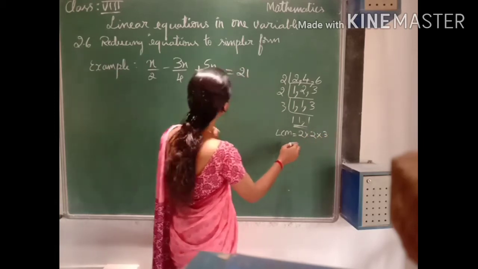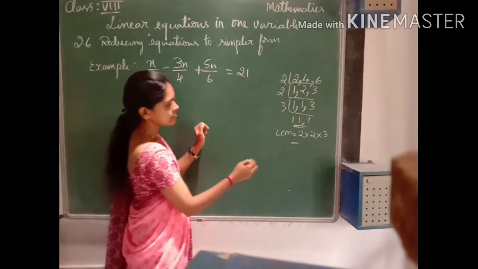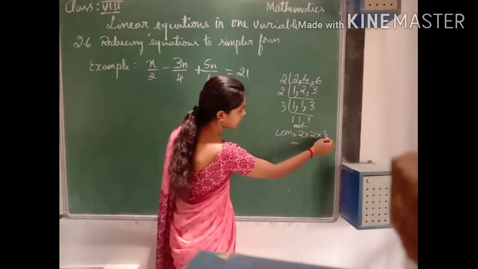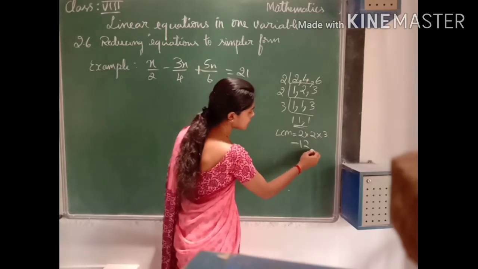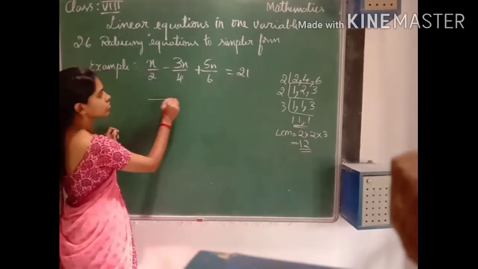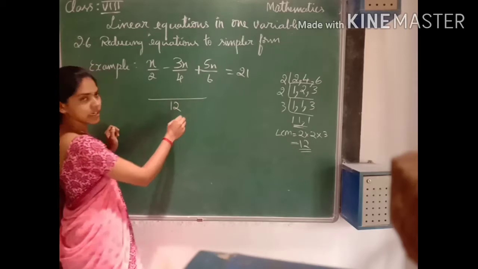The LCM of 2, 4 and 6 is 2 2s are 4, 4 3s are 12. LCM is 12. So write in the denominator 12.